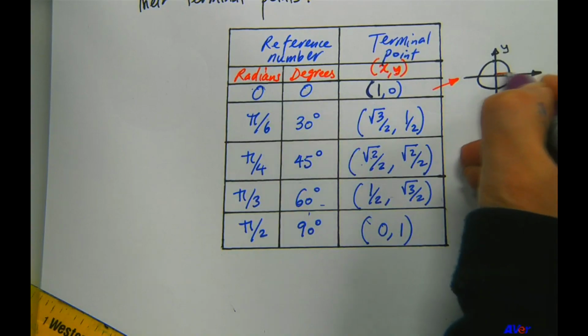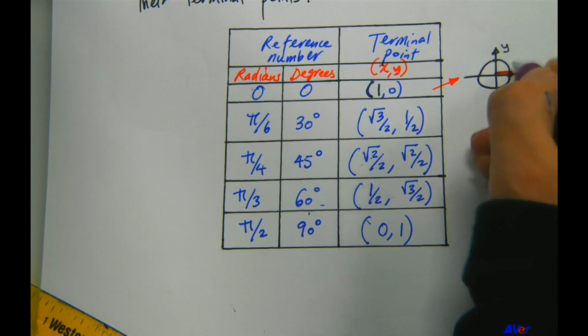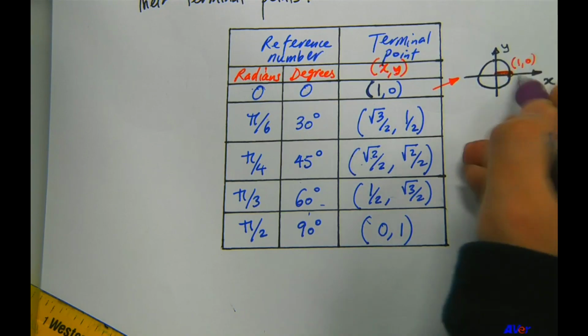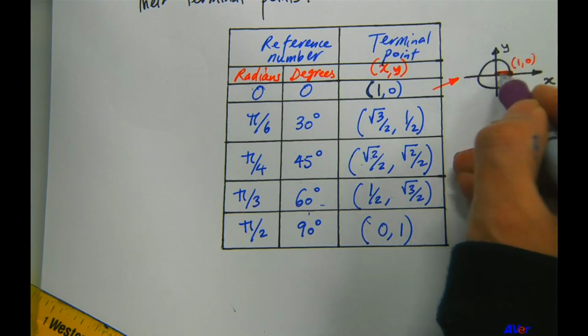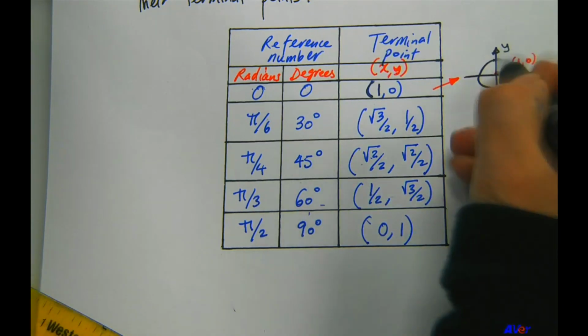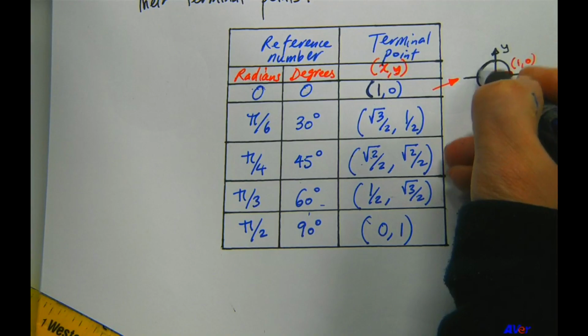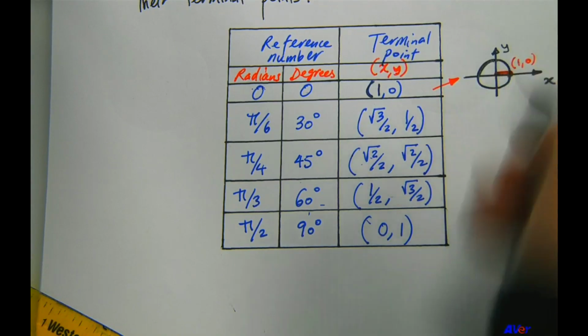So the terminal point there is 1, 0. It's at that point. X is equal to 1, y is 0 because it's on the unit circle, right? This is the unit circle. Its radius is 1, okay?